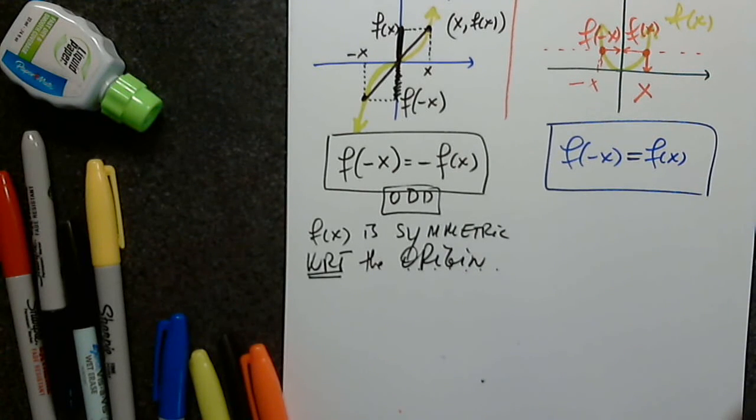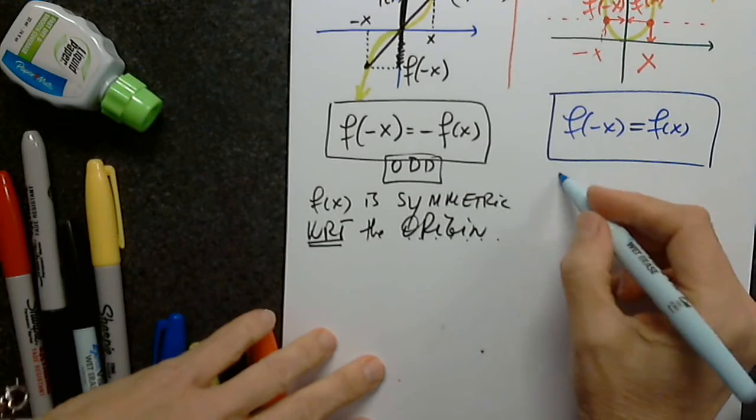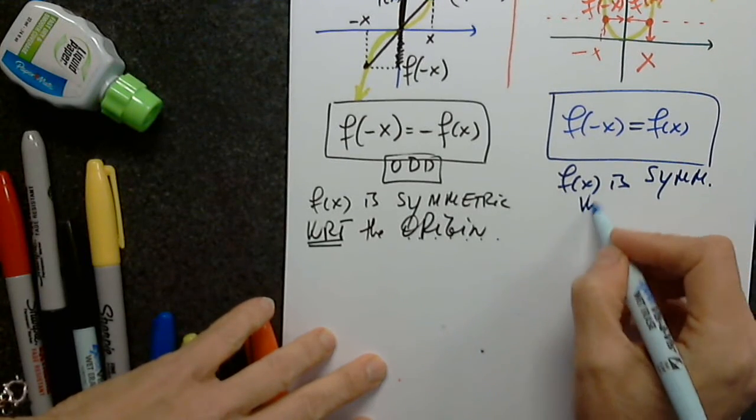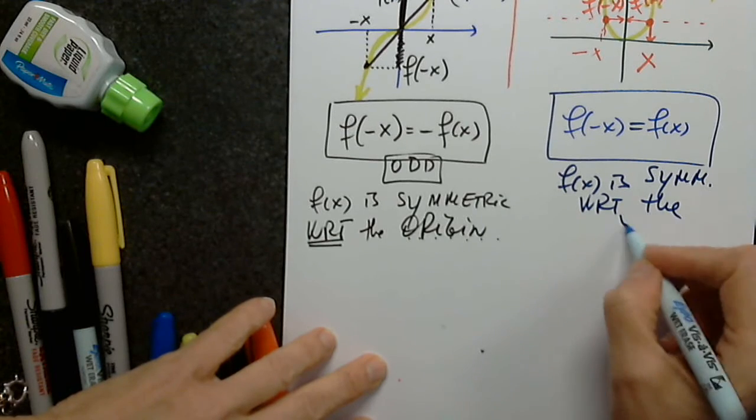So if a function is even, it will be symmetric with respect to what? Not the origin. If it's even, the function is symmetric with respect to the y-axis. Thank you, f of x is symmetric with respect to the y-axis.